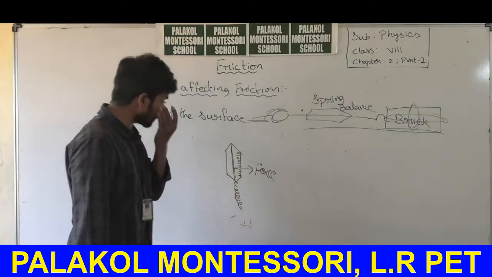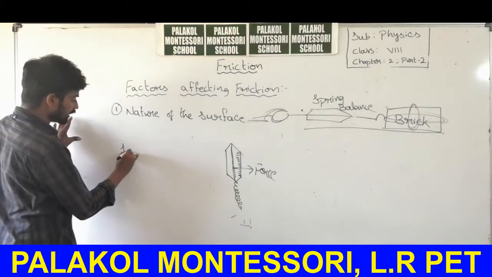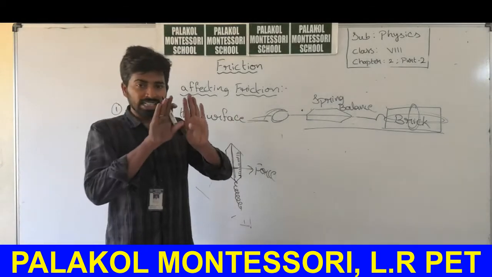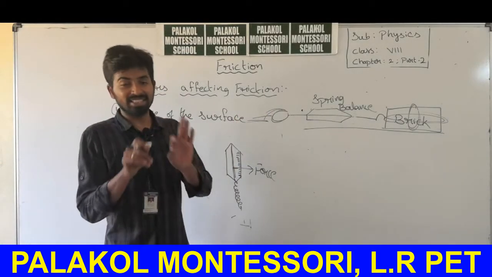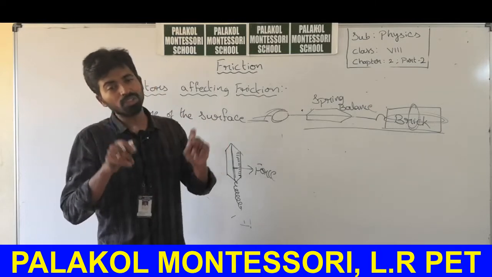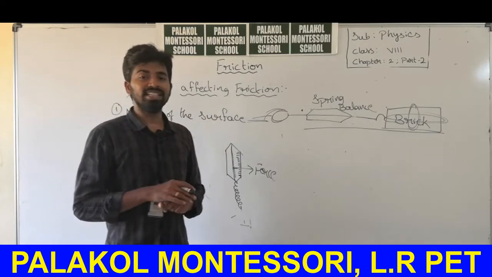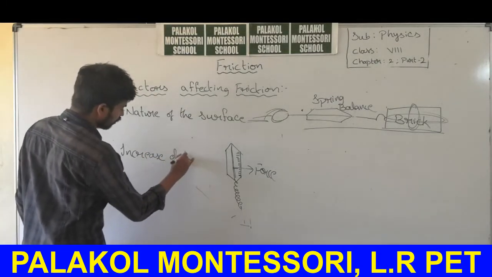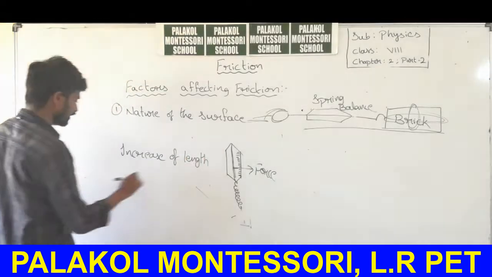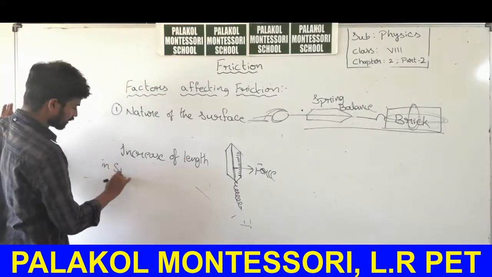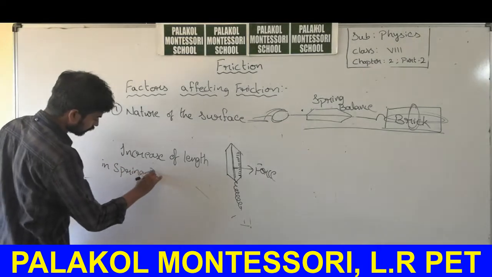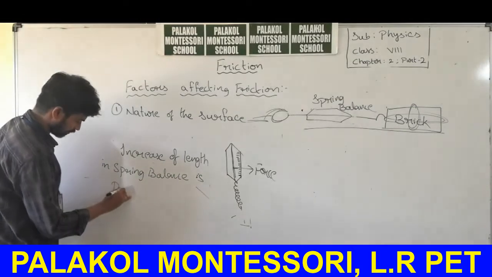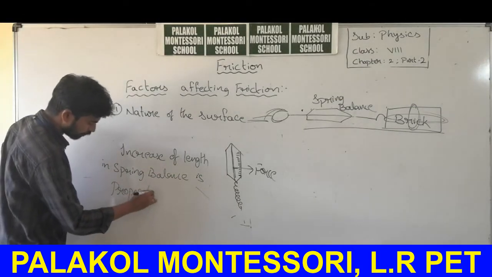What happens in the case of a spring balance? Since it is a spring, if you apply more force on the spring, its length will increase. If you apply less force, there is less increase in the length. So, the increase of length in a spring balance is proportional to the applied force.